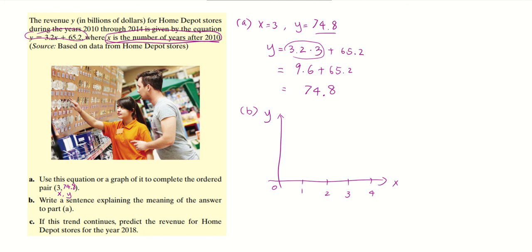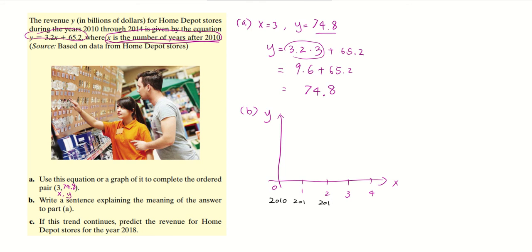So that means 0 will represent the year 2010, and 1 will be 2011, because that's 1 year after 2010. Right, so 2 here represents the year 2012. Sorry, I was one number off.